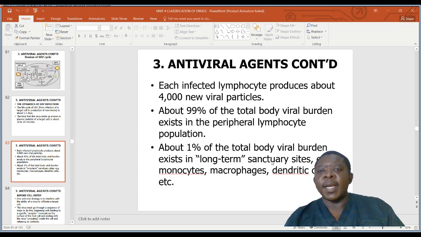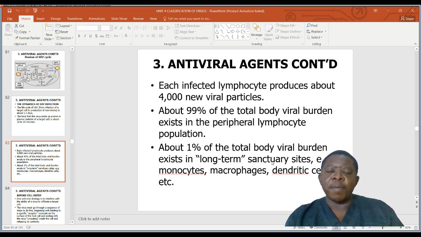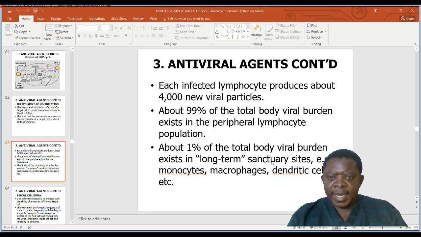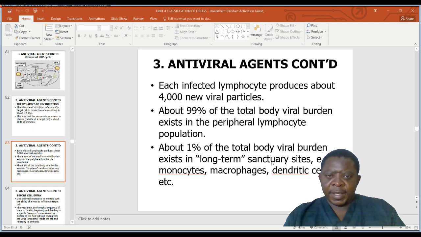Each infected lymphocyte produces about 4,000 new viral particles. About 99% of the total body viral burden exists in the peripheral lymphocyte population, and about 1% of the total body viral burden exists in long-term sanctuary sites, for example, monocytes, macrophages, and dendritic cells.